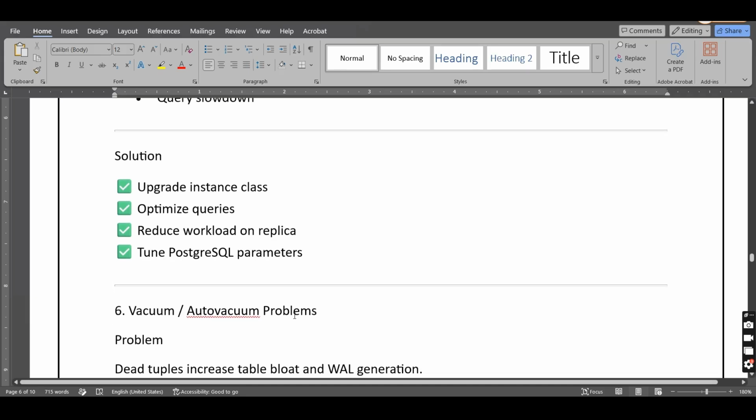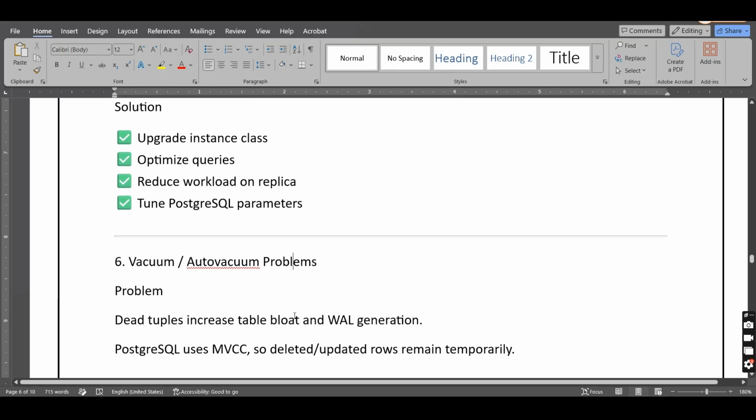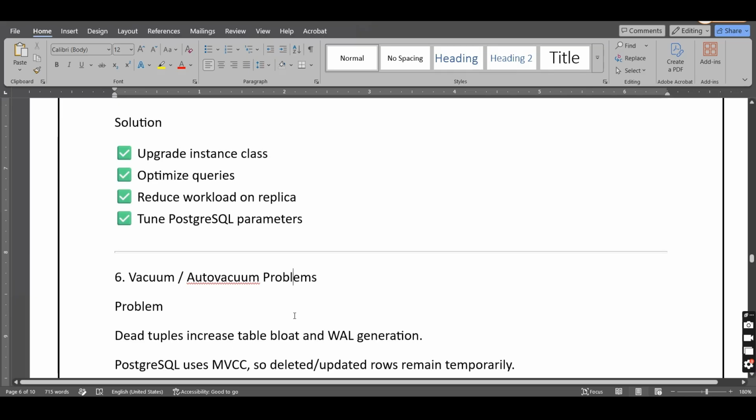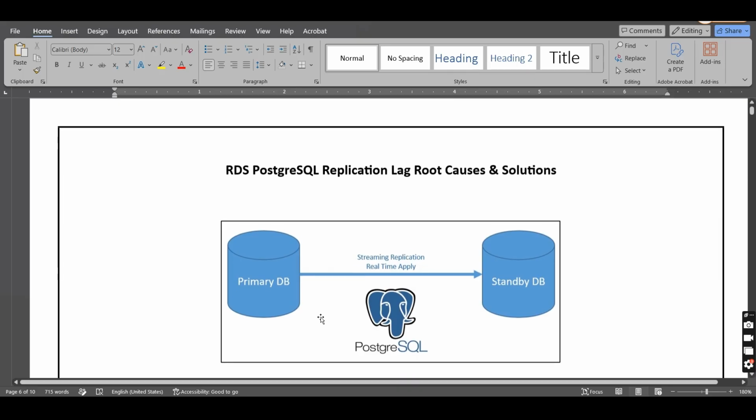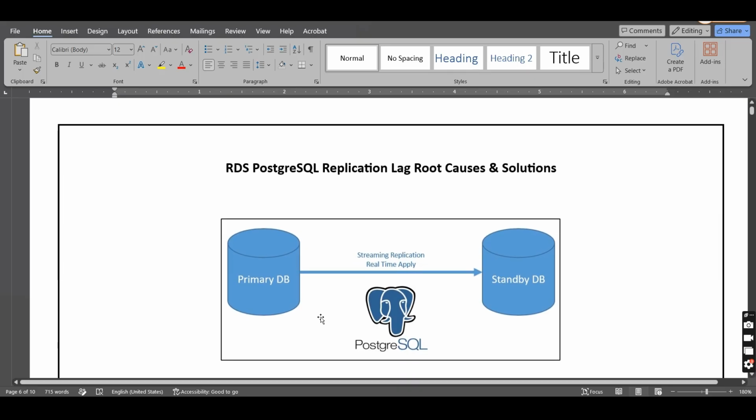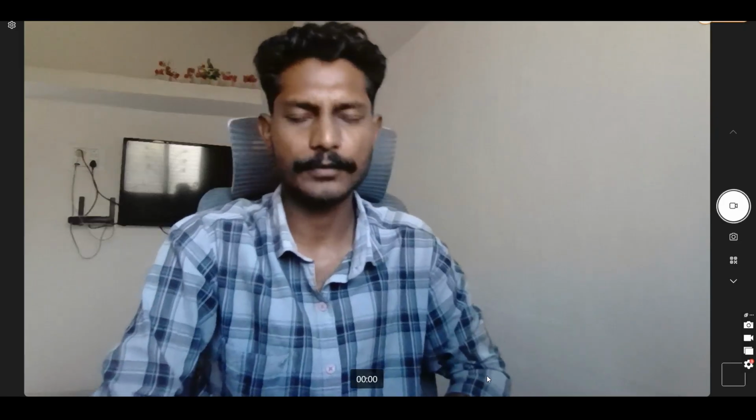I will push this replication lag related file to GitHub, so you can definitely go there and download this file, and you will have a better understanding of how you can mitigate replication lag, guys.